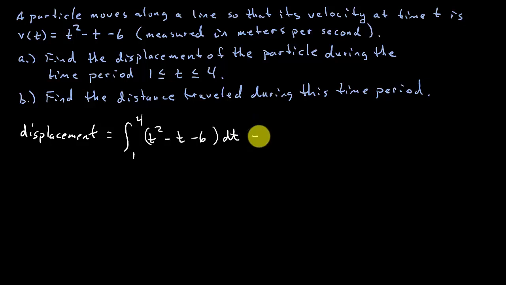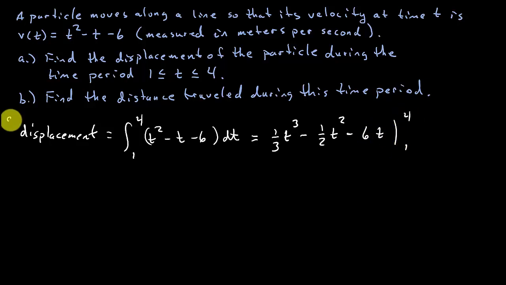All right, so that's going to give us, well, we integrate this, that's going to be what? t cubed multiplied by the reciprocal of the new exponent, which is 1/3, minus t squared multiplied by the reciprocal of the new exponent, which is 1/2, minus 6t, and that's going from 1 to 4.